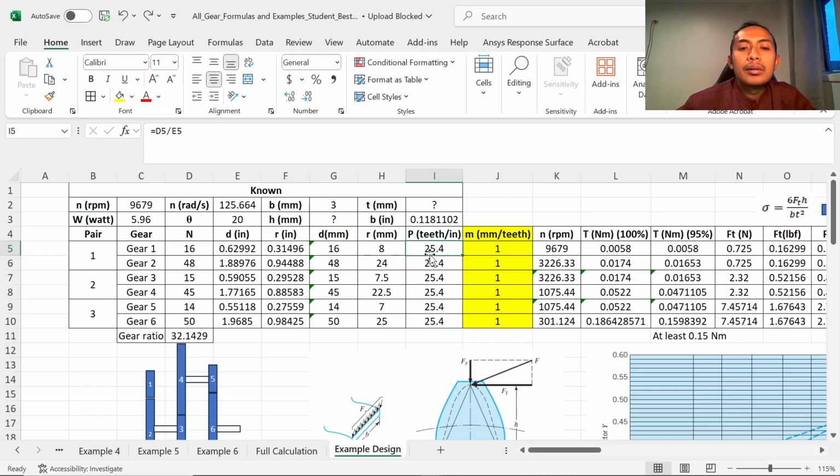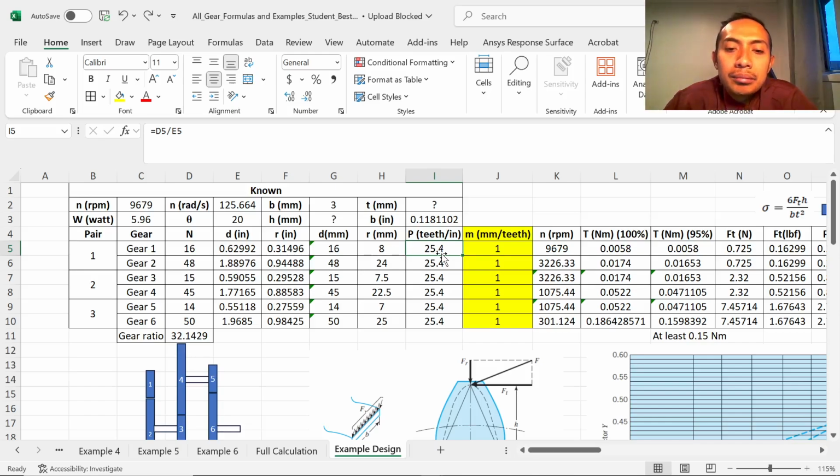For teeth per inch, this one is 1 inch, and this one is millimeter per tooth. This is actually 10 inch, 25.4, oh no, just four.